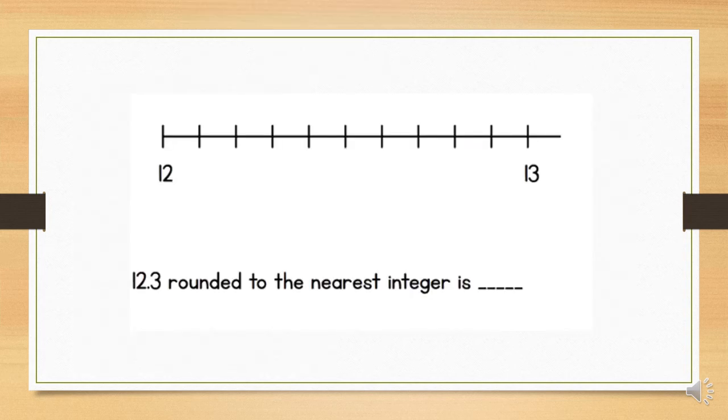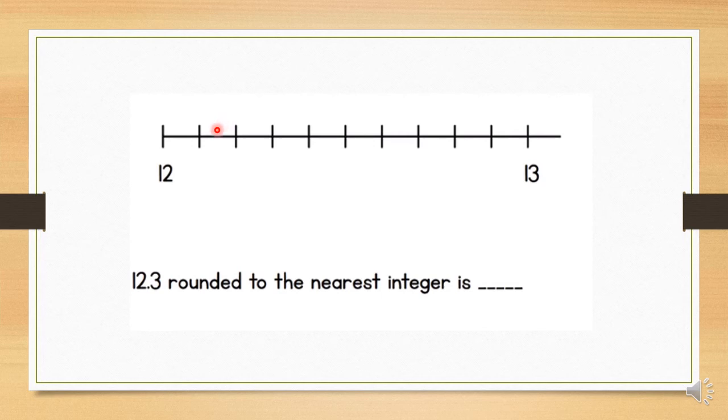So now let's have a look at rounding some decimals to the nearest integer or whole number. This time our number line is between 12 and 13, and it's been split into 10 equal pieces. So we know that each piece is going to be worth 0.1 or 1/10, because remember from last time we know that 1 divided by 10 is 0.1.